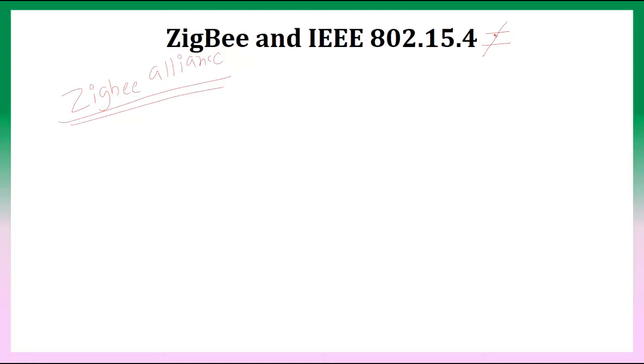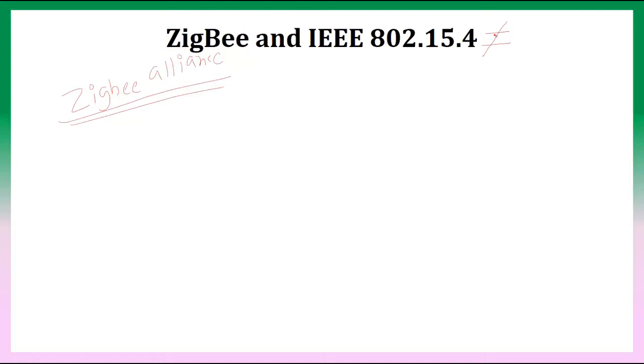ZigBee is a standard-based network protocol supported solely by the ZigBee Alliance that uses the transport services of the IEEE 802.15.4 network specification. The ZigBee Alliance is responsible for the ZigBee standard, and IEEE is responsible for 802.15.4. It is like TCP/IP using the IEEE 802.11b network specification. That is the simplest way to put it.